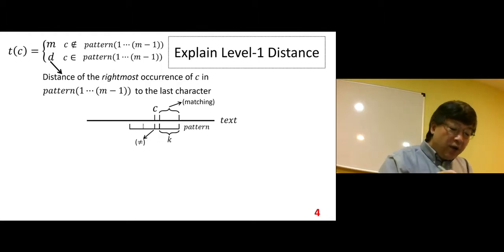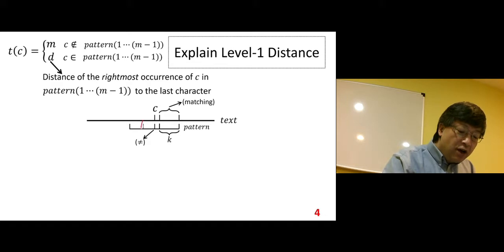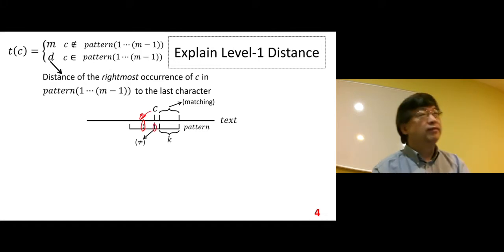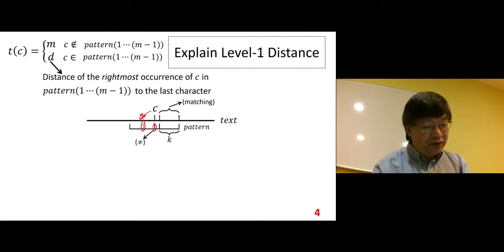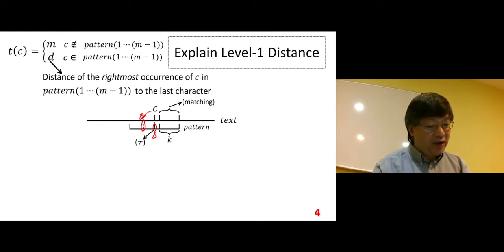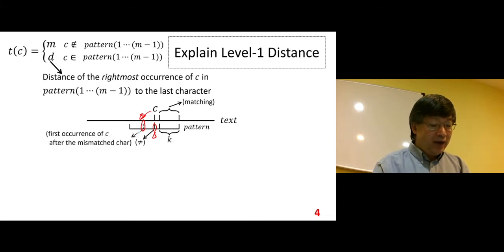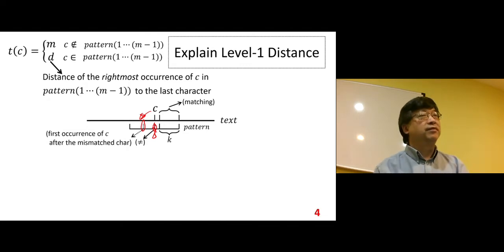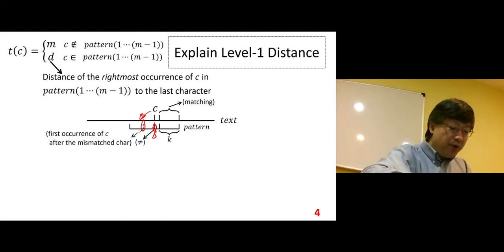Based on our understanding, we should find the first occurrence of this character C after the non-matching current character. I call it the first occurrence of C after the mismatched character. This is the mismatched character, so we define that.